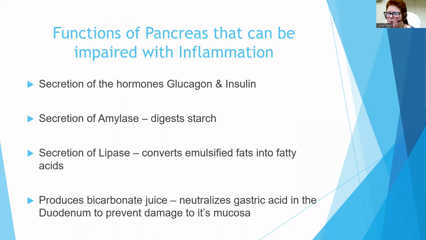Glucagon helps influence glycogen with the liver, and the production of insulin manages the glucose and how it's delivered to the cells. Secretion of amylase digests starch. The secretion of lipase converts emulsified fats into fatty acids. Those two are really specific to the pancreas.